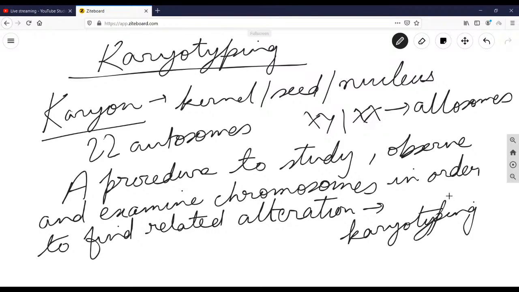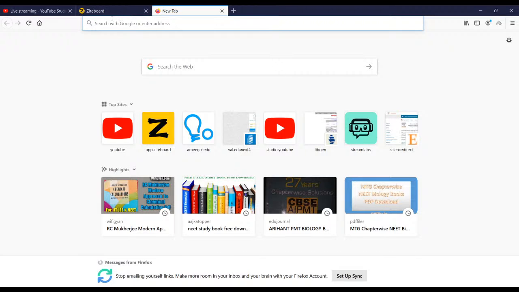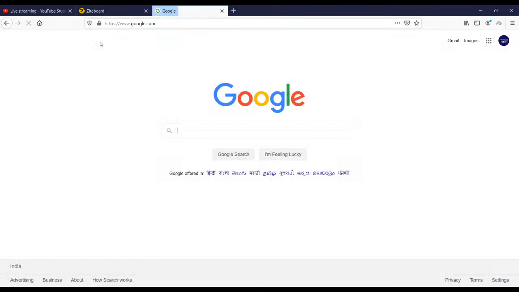So I'll just show you the karyotype of Down syndrome, suppose. Then it will be very clear what I mean by karyotype.